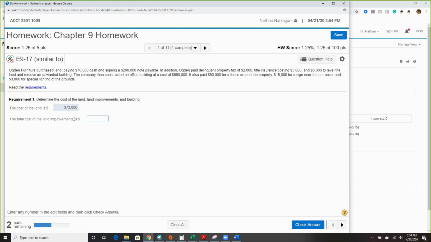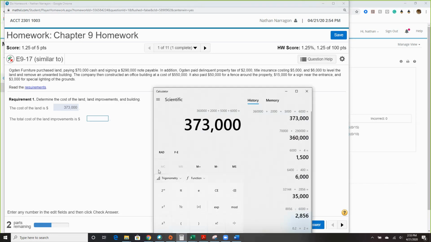So the cost of land improvements, that should be the $50,000 and the $3,000, but I bet they're including the sign. So I'm going to test this out. So the sign can be part of land improvements.